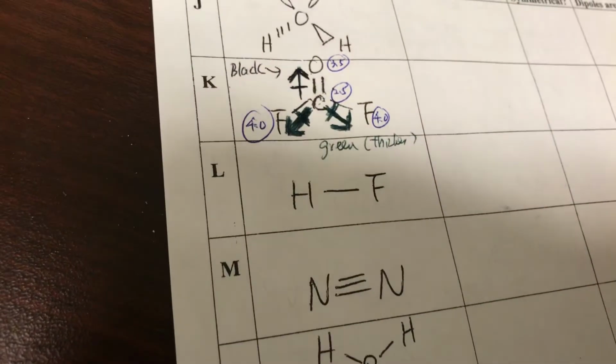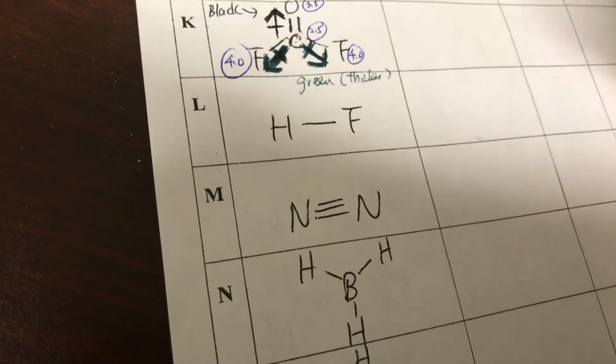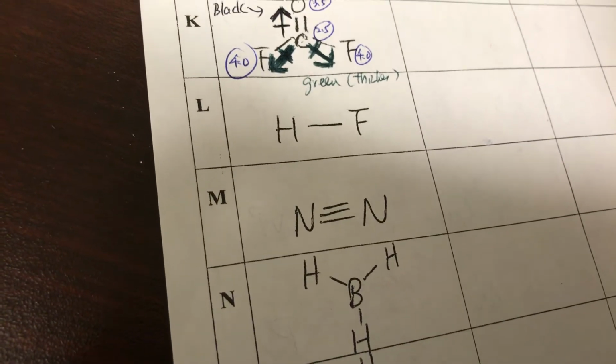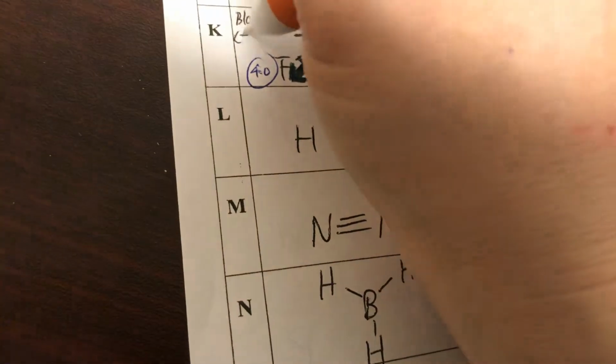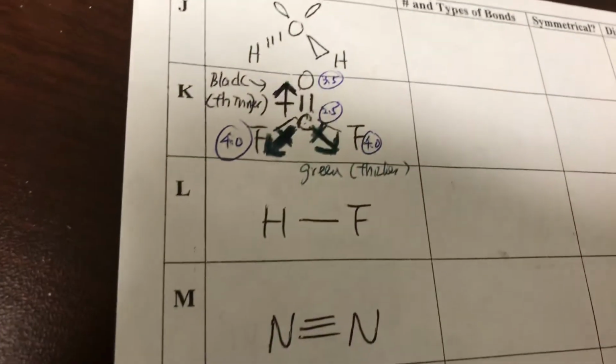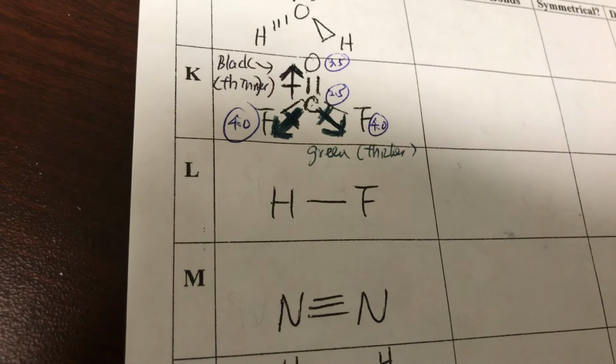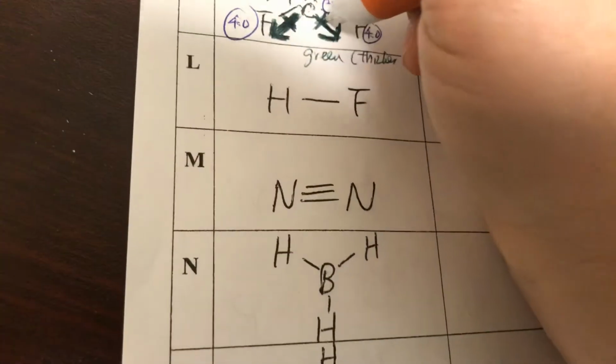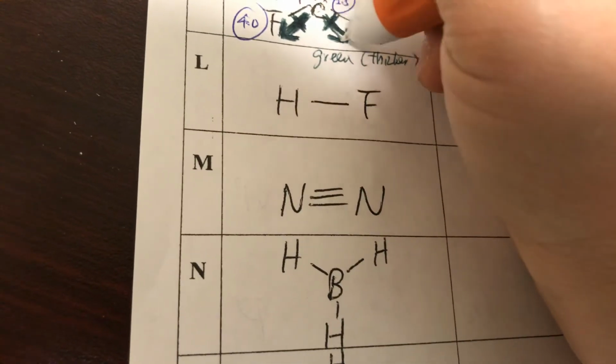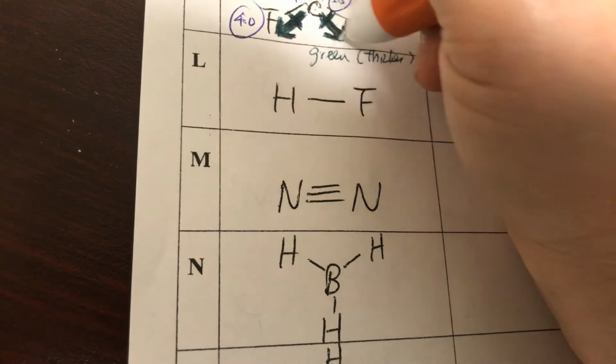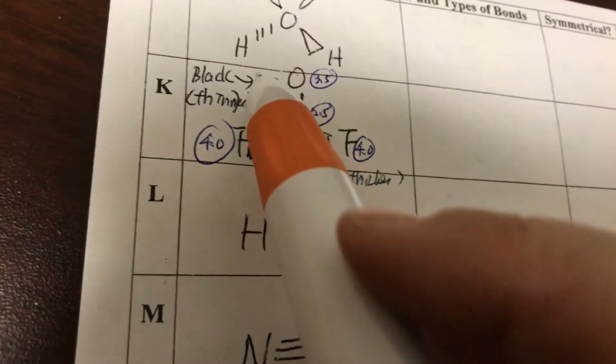This should be a thin one, thinner. And the green one should be a lot thicker because the delta EN is more. So this is green, thicker. This is black, thinner.